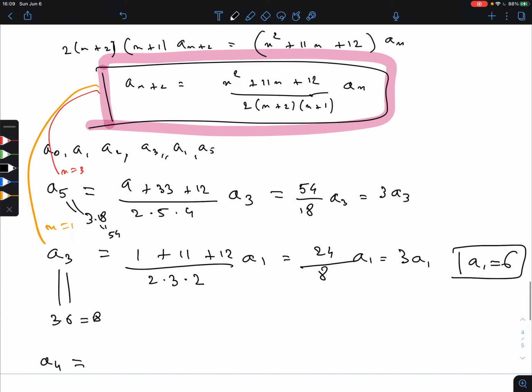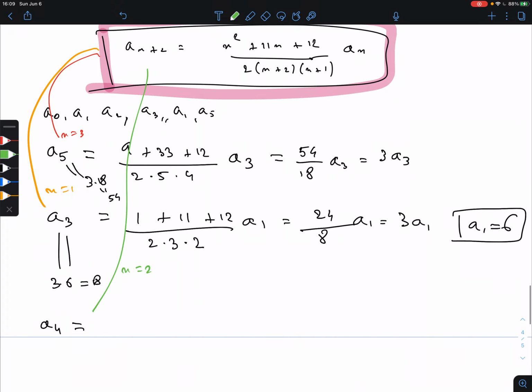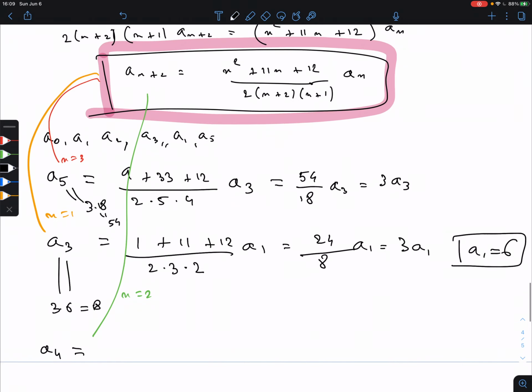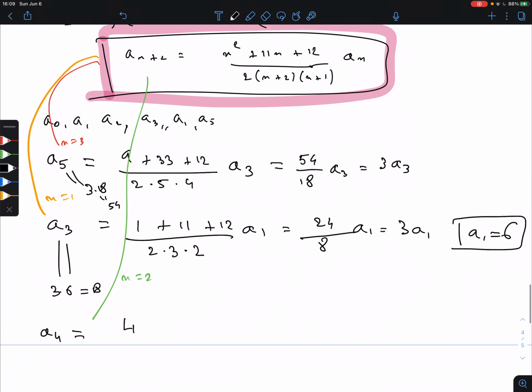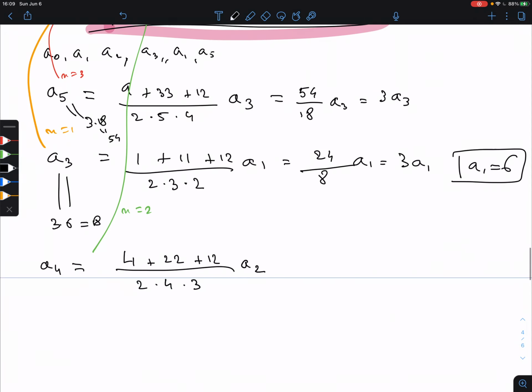Okay, what do we do now? I hope by now it's getting more and more clear what we do, right? We replace n by 2, so we get 4 plus 22 plus 12 divided by 2 times 4 times 3, A2. Don't forget the A2.